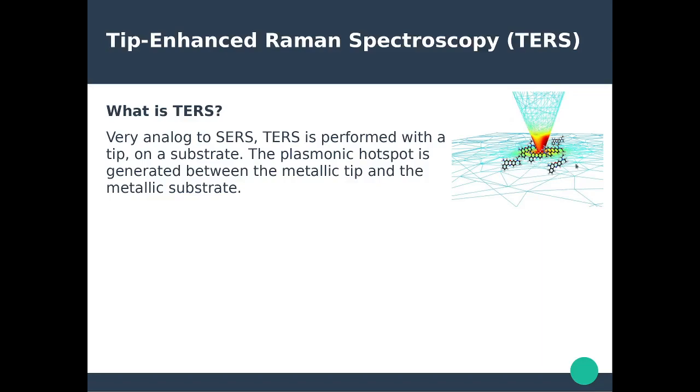Typically it's a metallic substrate, but it could also be dielectric. The molecules are laying down on the substrate, and you bring the metallic tip close to the molecules so that the molecules sit in the gap between the tip and the substrate. The plasmonic hotspot, the region where the local electric field is enhanced, will be in the gap between the metallic tip and the metallic substrate.